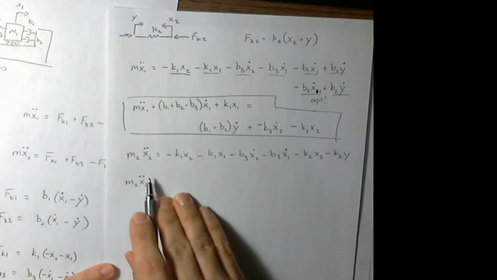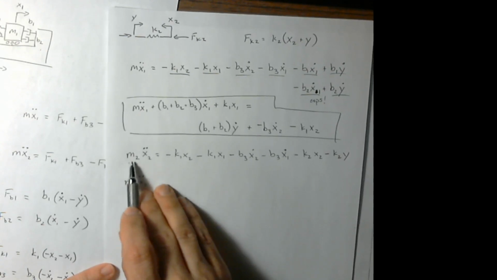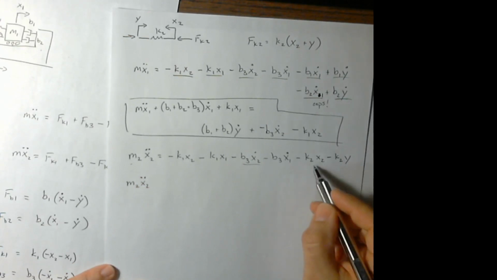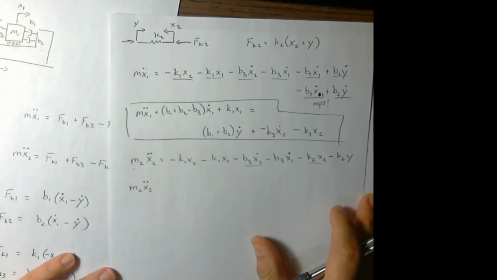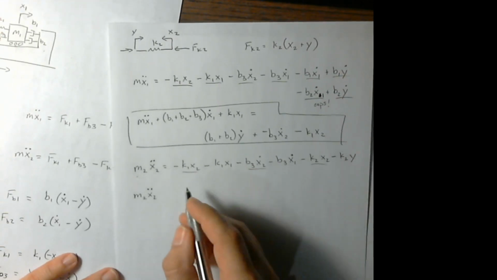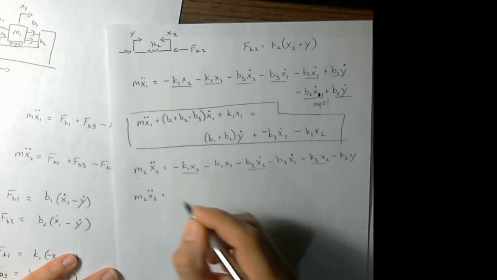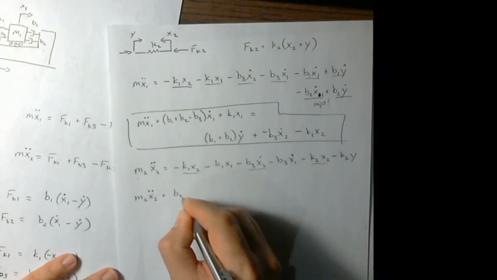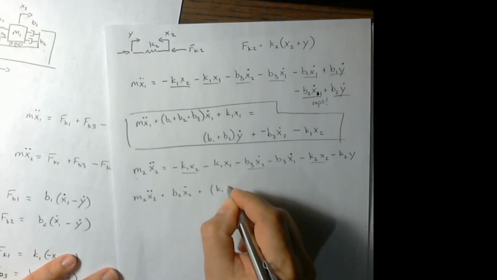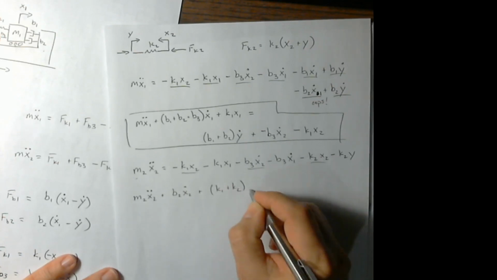All right, the mass I'm looking at is x2, right? So I'm going to group up all of the x2s. Here's x2, here's an x2. Oh, sorry, silly me, 3 of them, of course. Yeah, there are 3 of them, as there should be. B3 x2 dot plus K1 plus K2 x2.